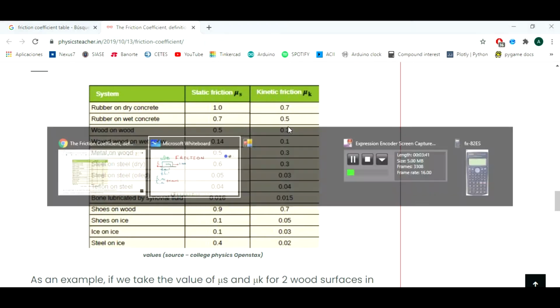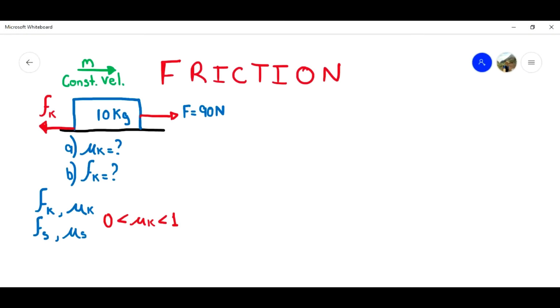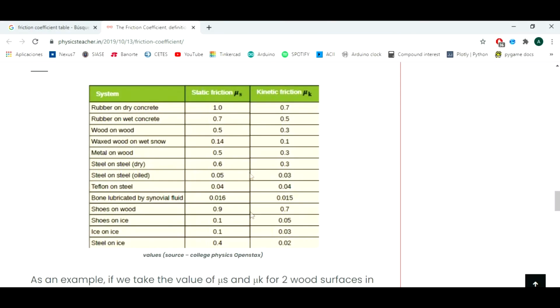Now it is important to mention that the static coefficient is greater than the kinetic coefficient. That's very important, and you can see it here in this table. This number is greater than this number, which is greater than this, and so on.